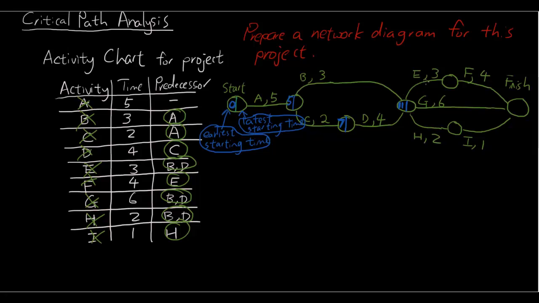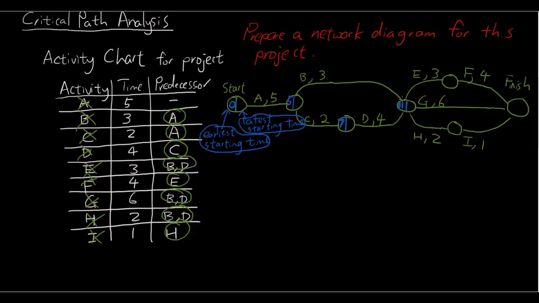However, because activity E, G and H, if you have a look at the activity chart, they require both activity B and D, both of the activities to be finished before they can even be started. So even though B has finished and is now standing at this node waiting, we still need to wait for D to be finished before we can continue with the network.